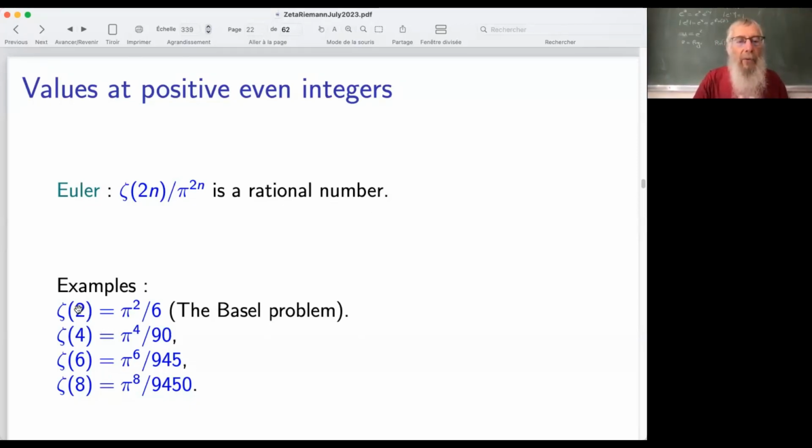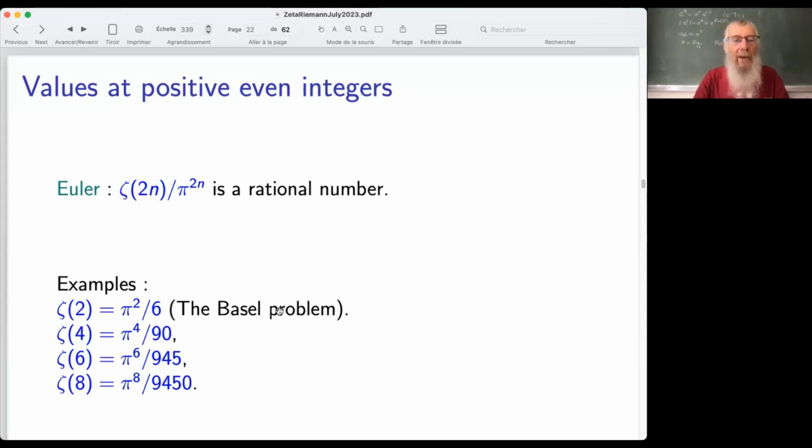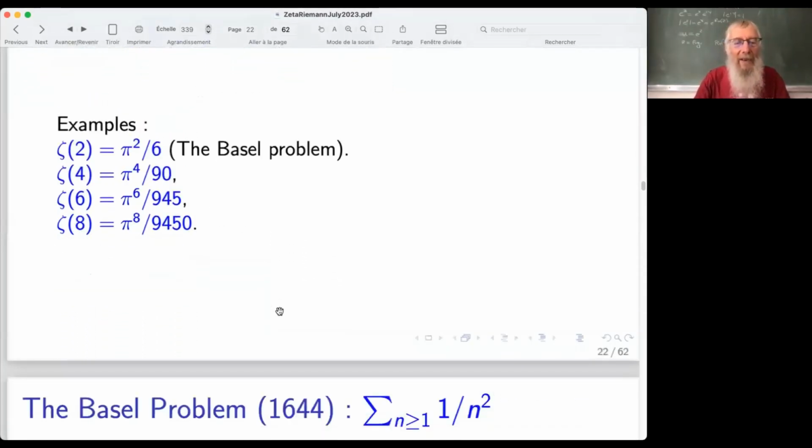For example, zeta of 2 is pi squared over 6, zeta of 4 is pi to the 4 over 90, and so on. I will give some explanation on this result of Euler, and especially on the first value, which is zeta of 2, which is pi squared over 6. And I would like to expand a little bit on this result.